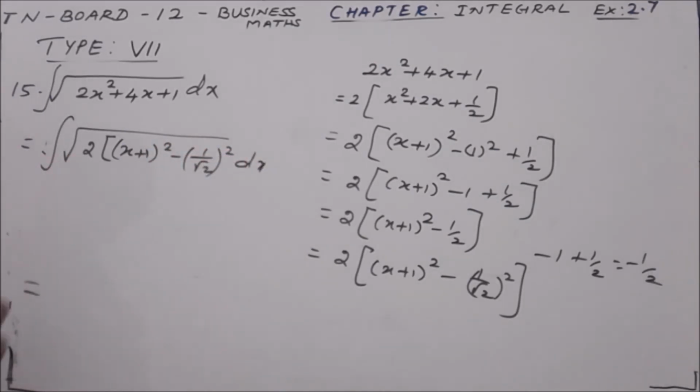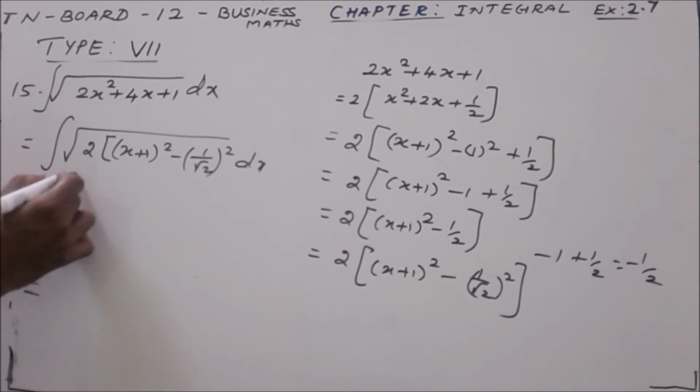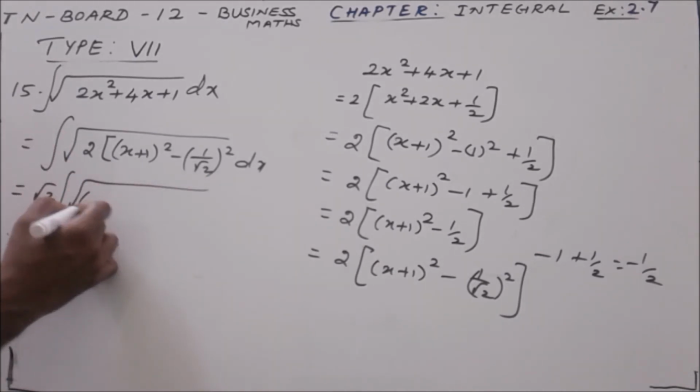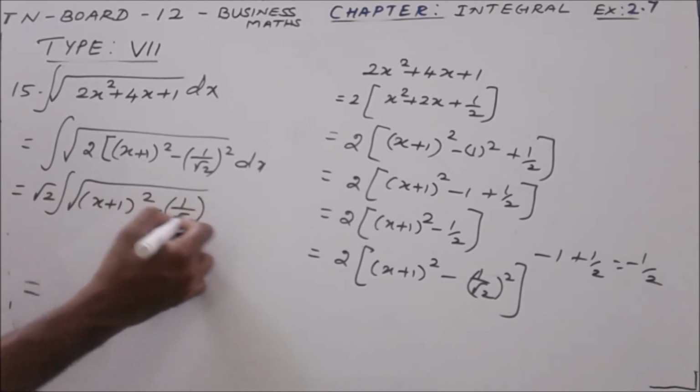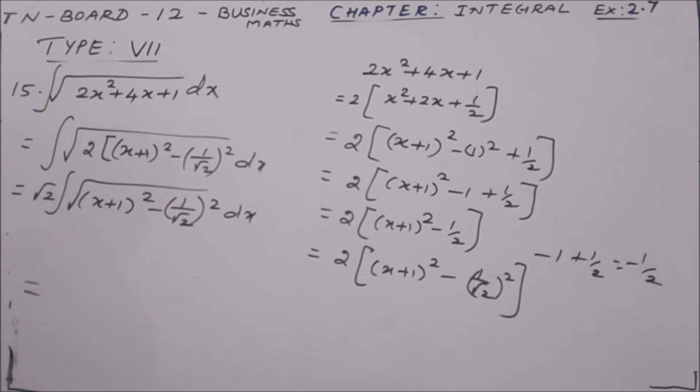Now the 2 is taken out as root 2 here, root 2 integral root of (x plus 1) whole square minus (1 by root 2) whole square into dx. Now this is in the form of root of x² minus a².